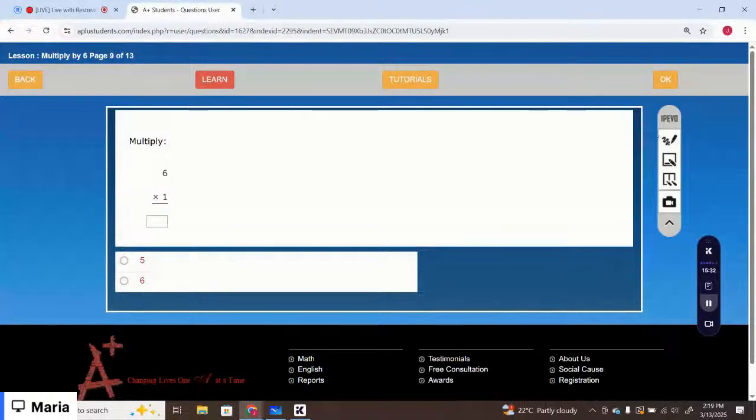One times 6 is 6. Option number 2 is the correct option.